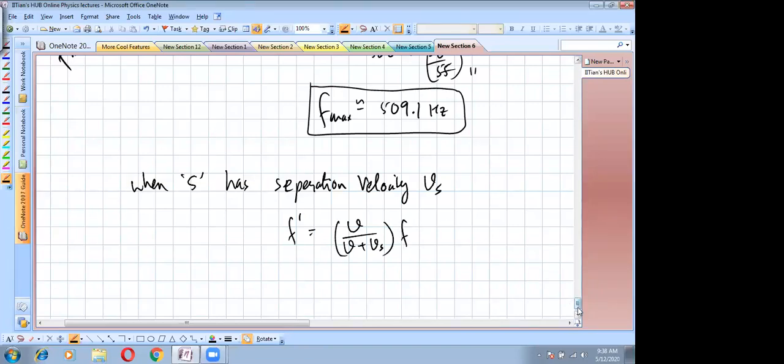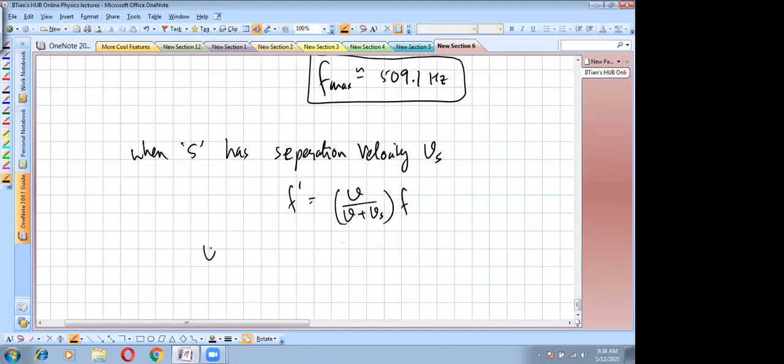So here the separation velocity's maximum value is equal to 6 meters per second at the other position which I had shown you above. So that is when the frequency heard is minimum, when this is maximum.